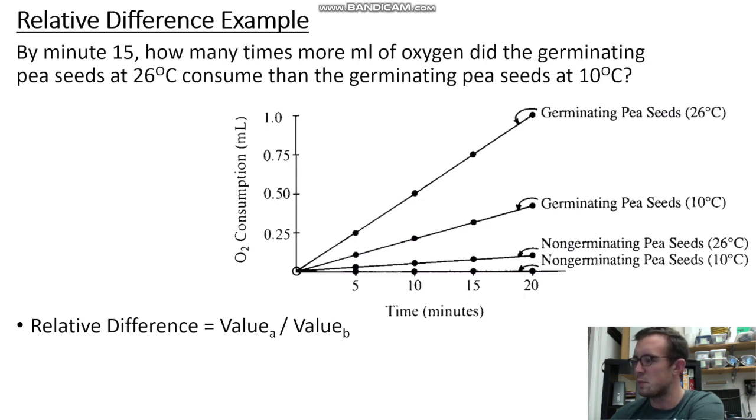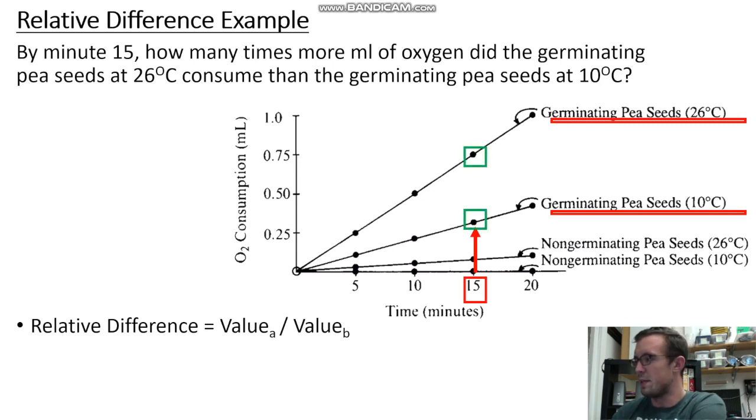And so rather than subtracting one value from another, we're going to do a ratio of one value compared to another. So we'll find our two values first, the germinating pea seeds at 26 and at 10 degrees Celsius. And this problem is asking at 15 minutes for their relative oxygen consumptions. And so we'll find those 2 points right here. And in this case, we'll see that the germinating pea seeds at 26 degrees Celsius had consumed about 0.75 milliliters of oxygen.